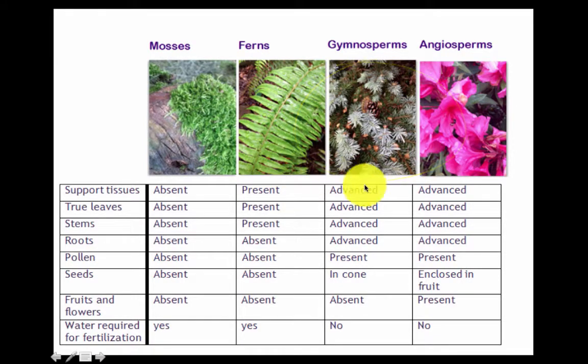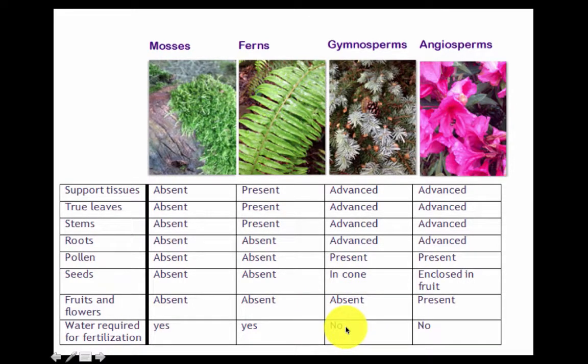Gymnosperms have tons of supporting tissues, and I'm going to show you why in a little bit. So they do have true leaves, they have stems, roots, pollen, they have seeds, but they're in a cone, and they do not have fruits or flowers. And at this point, they don't require water for fertilization.